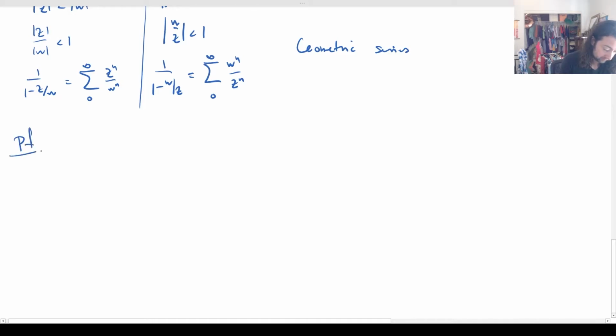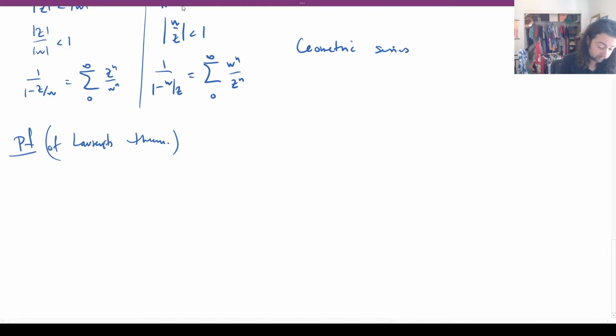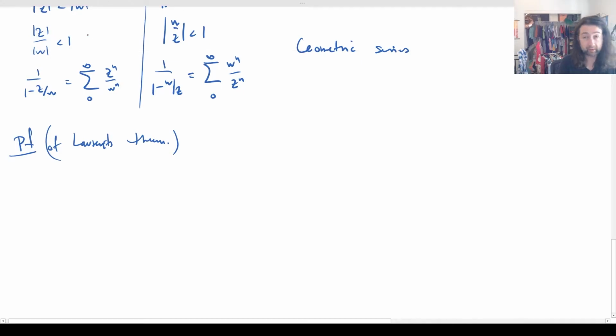Okay. So here's the proof of Laurent's theorem. The first thing we're going to do is assume that the center of the annulus is z equal to 0, because it makes the computations easier to write down. The idea of the computations is exactly the same if we put the center at a general z naught.